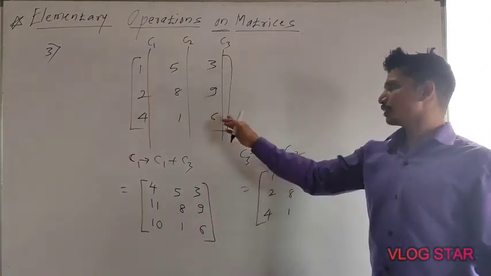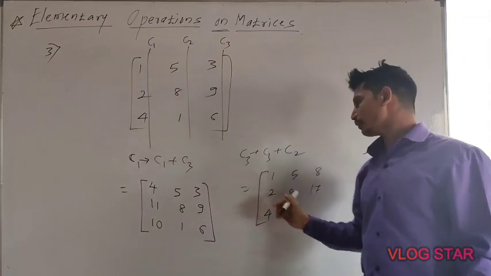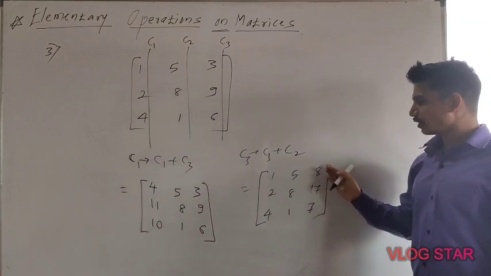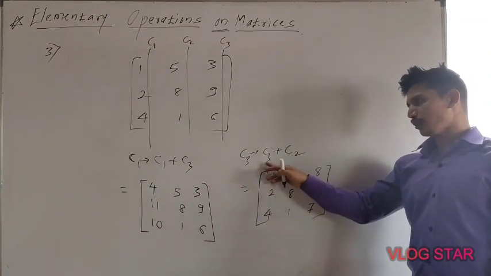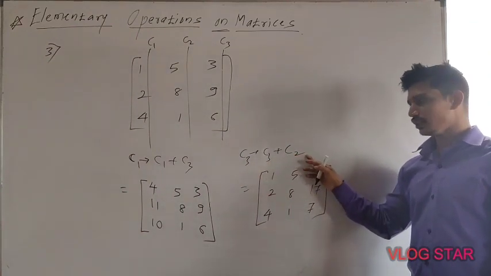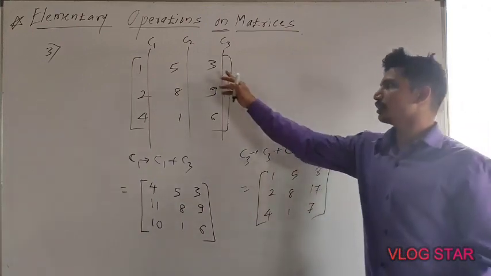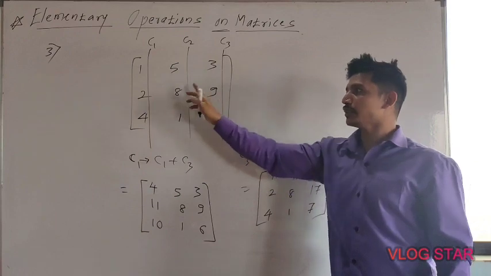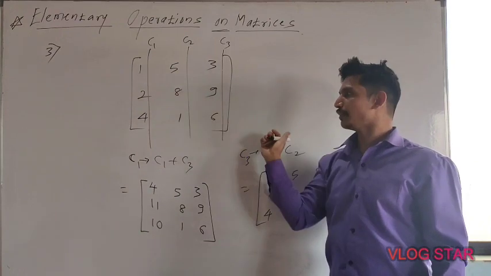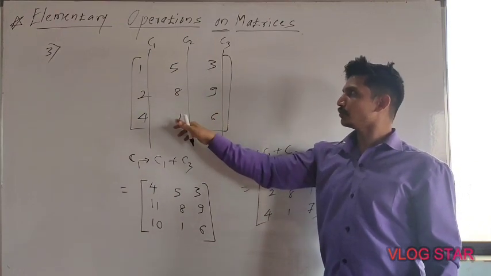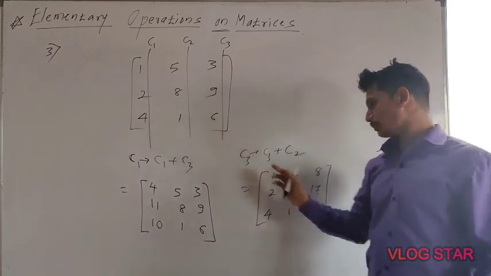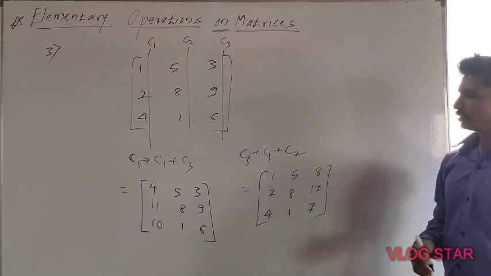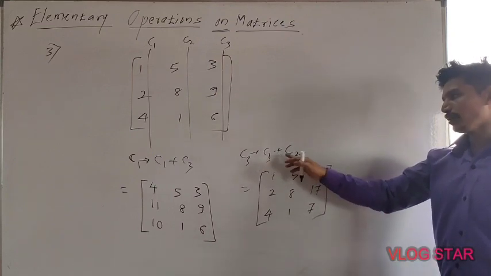Column number 3, third element: 6 plus 1 is 7. Okay, so I change here column number 3. How? Column 3 plus column 2. It means 3 plus 5, 8; 9 plus 8, 17; third element, 6 plus 1, 7. Okay, so this is about changing column 3 by column 3 plus column 2, adding.